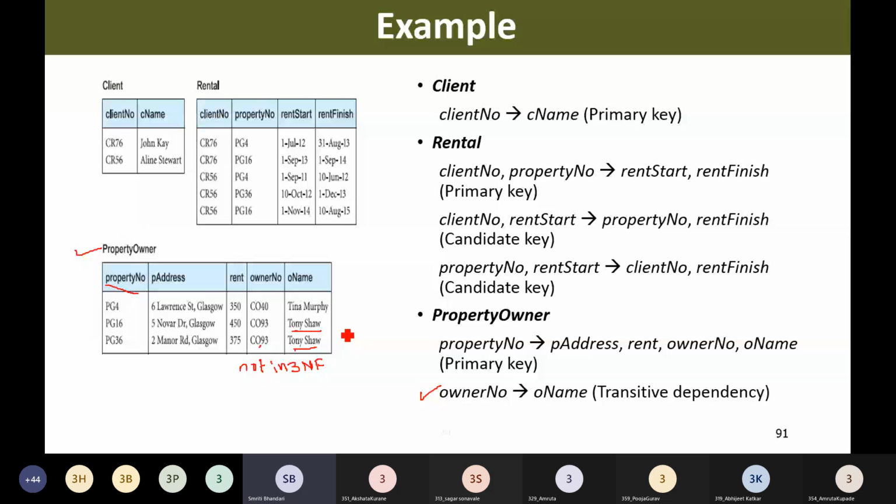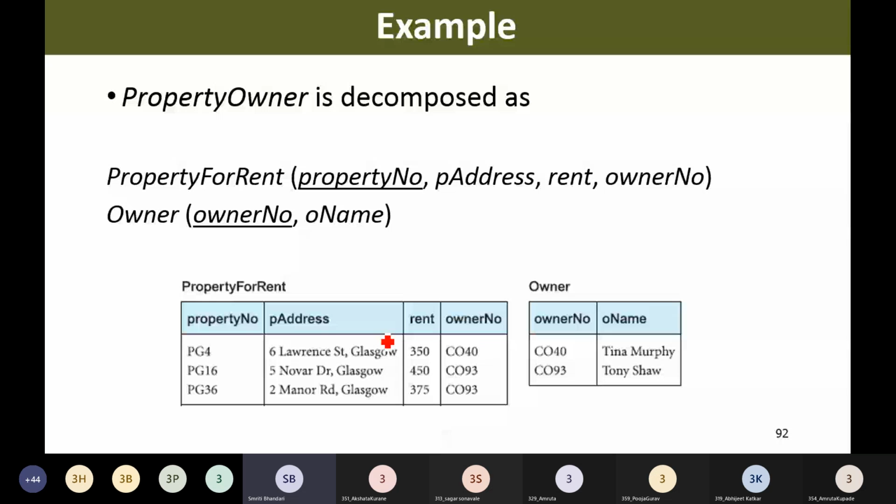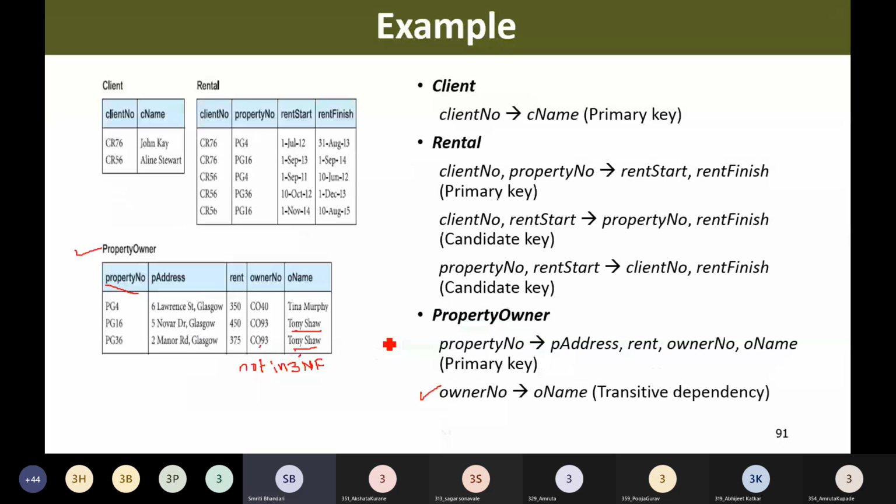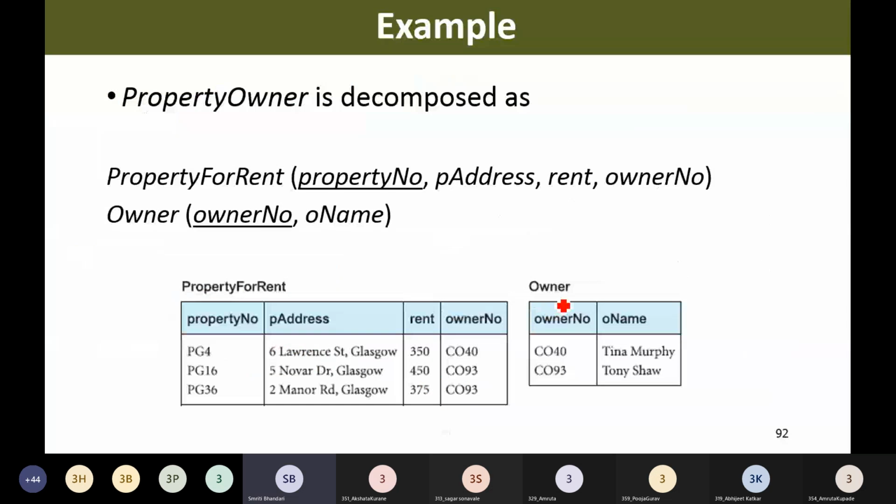Now, how to remove the transitive dependency from the relation? Very simple rule. What we can do is we should decompose this relation further. Right? So property owner relation need to be decomposed. And how are we going to decompose the relation? We will be applying the same rule. Whatever is my transitive dependency, owner number determining owner name, for this transitive dependency, I'll be having the separate table. Right?